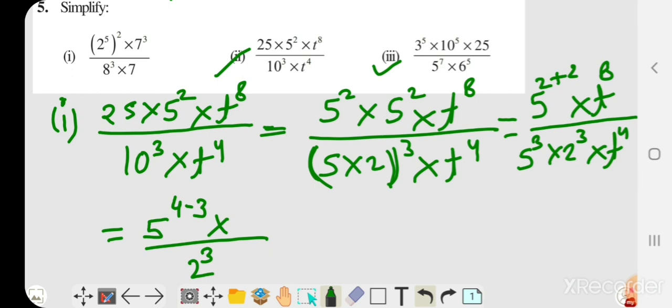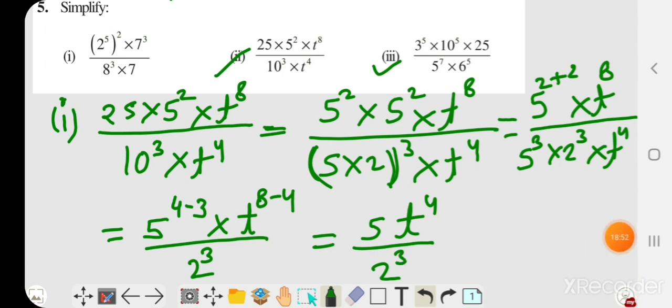Then into t. T raised to power 8 is there and 4 is in downside, so it will become minus 4. It's 5 raised to power 4 minus 3, which gives 1. No need to write 1. We will simply write 5. And here it is t raised to power 8 minus 4, gives 5 upon 2 cube.